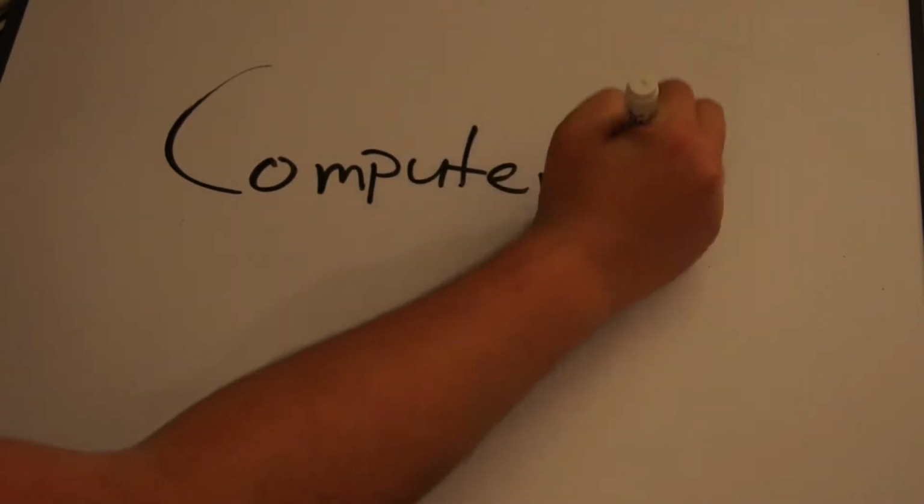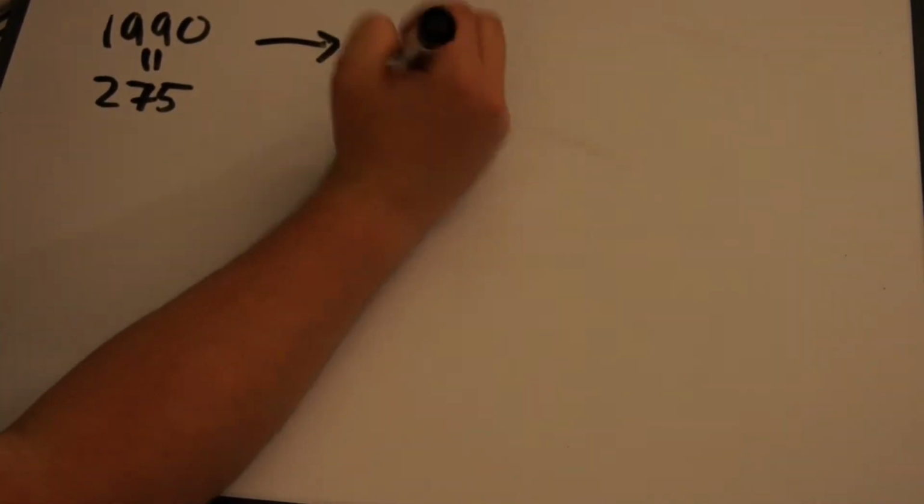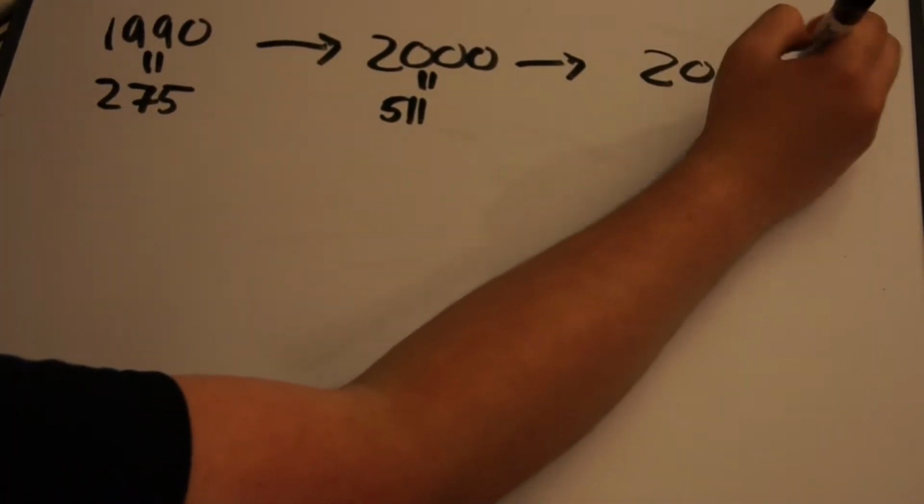Now, how does all of this influence real-world activities? In our case, computers are an integral part of daily life. In 1990, there were just 275 computers on campus. In 2000, that number boosted to 511.